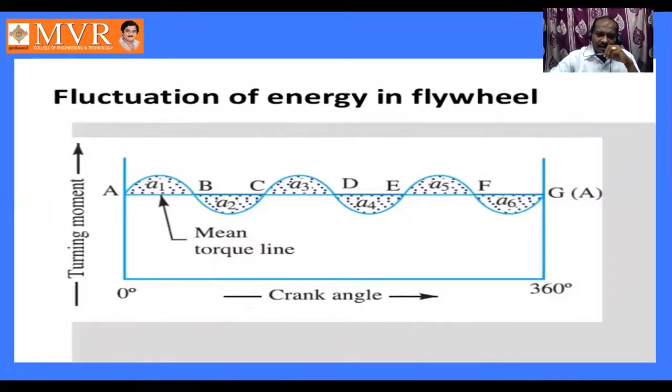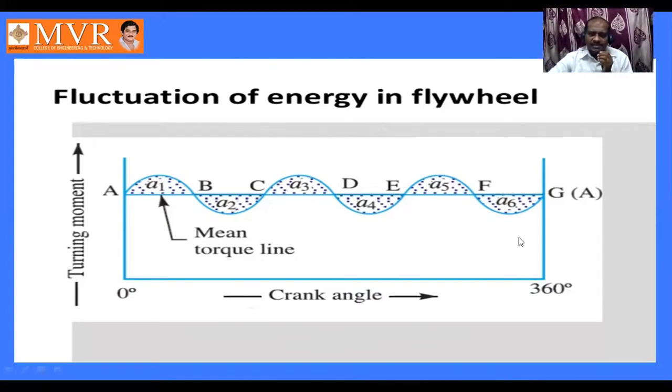Imagine this is the crank angle from 0 to 360 degrees and we have A1 on the turning moment diagram. Here torque decreased, here torque increased. Increasing means absorbing energy and decreasing means the energy is decreasing.